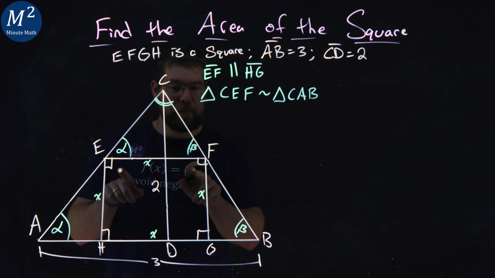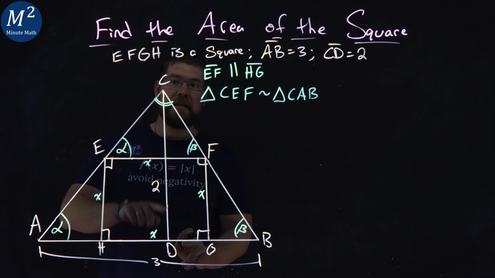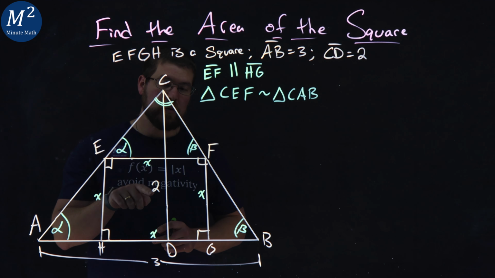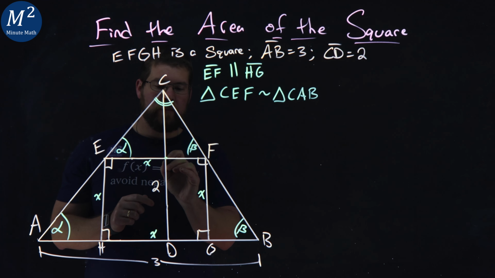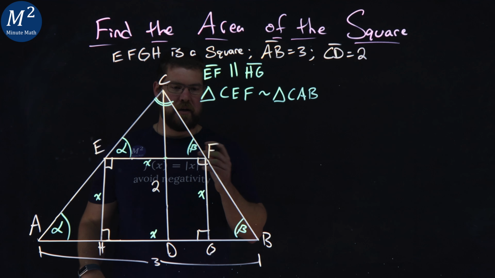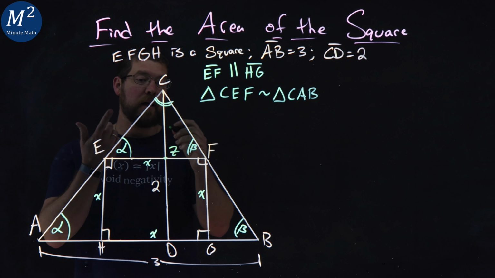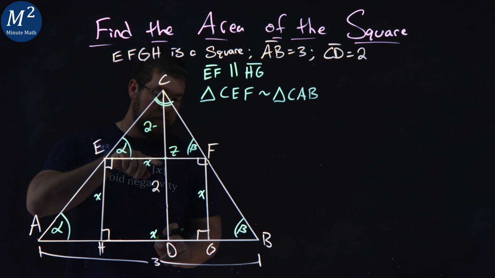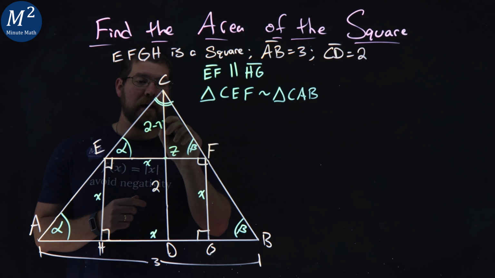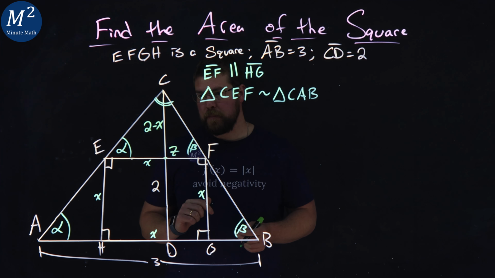The height difference: if the whole thing from D to C is 2, and I make a point Z, then Z to C is a length of 2 minus that height, which is x. So 2 minus x is that length here.